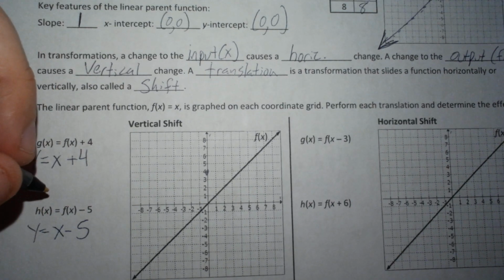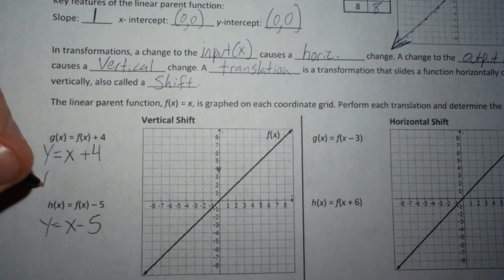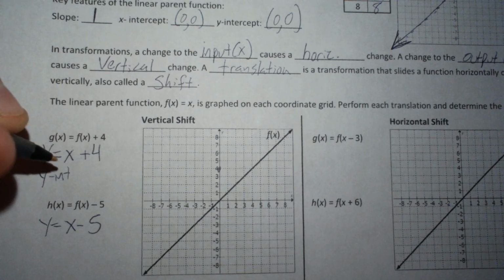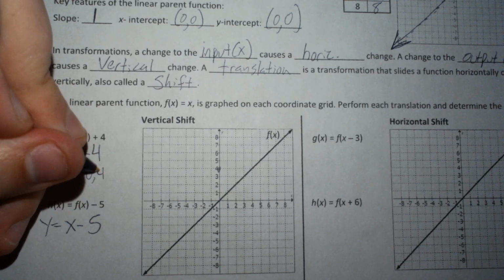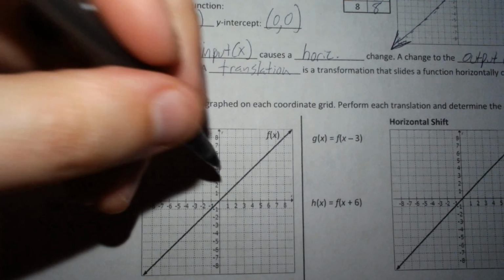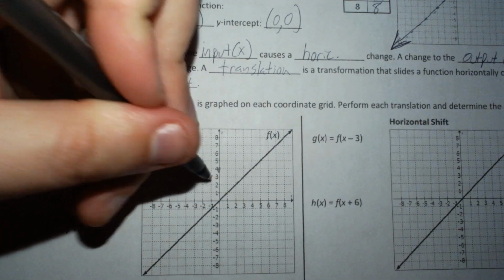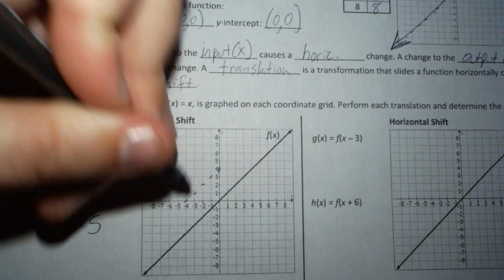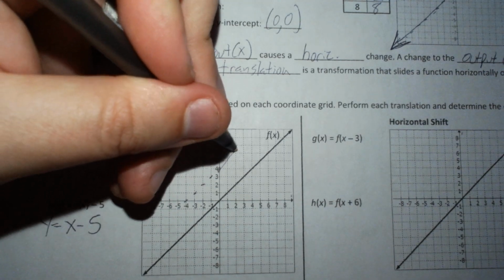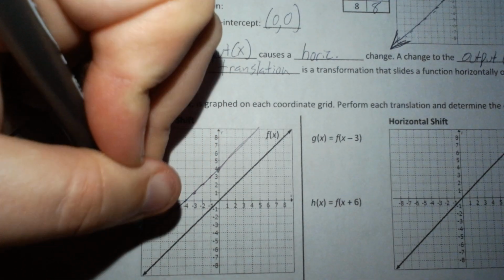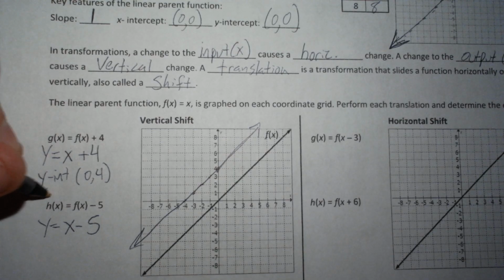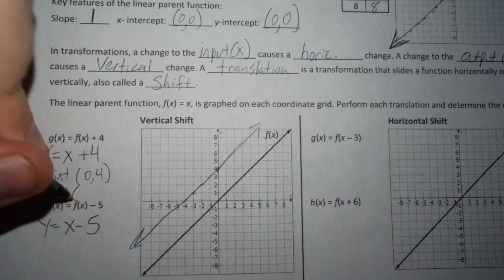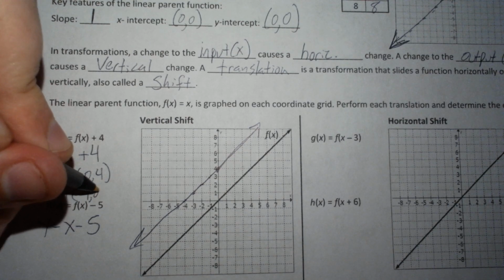And so I can say the y-intercept is (0, 4). Our slope's going to stay the same. So a slope of 1 means that it's going to hit the x-intercept at -4 down here, so the x-intercept is (-4, 0).